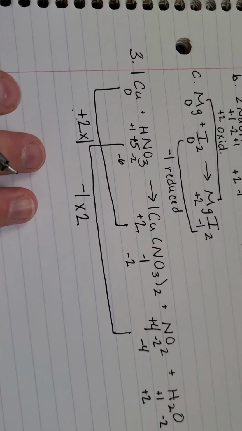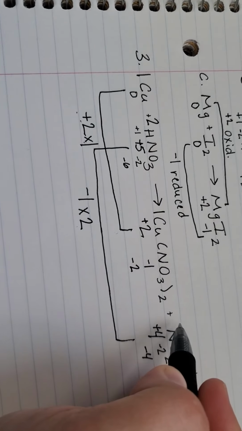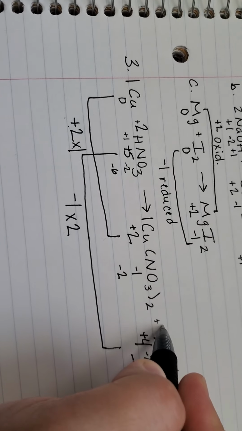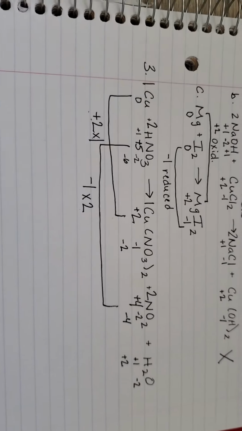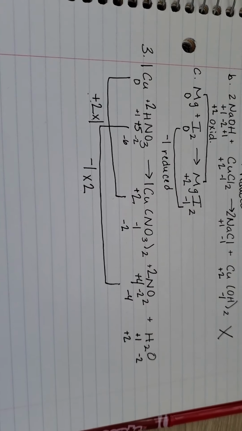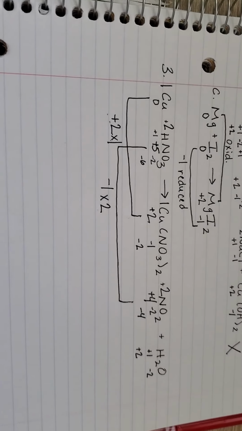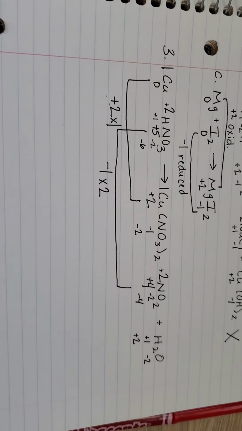They balance each other out. All right. So 2 is going to go out in front of the NO2. All right. Now, it wants us to continue doing this by the rest we do by inspection. So just like you guys have learned prior to how to balance chemical equations.